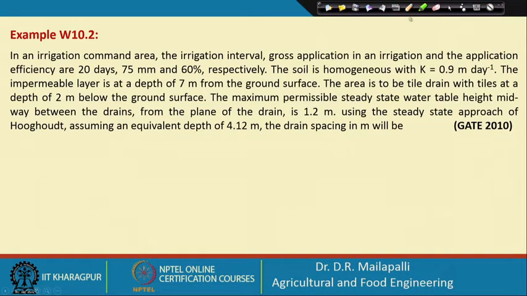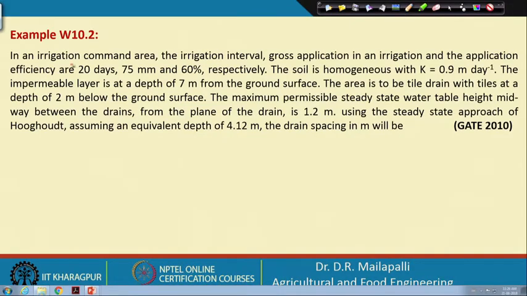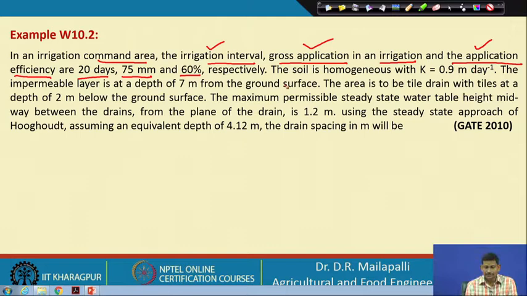Okay. So, the next problem here: in an irrigation command area, the irrigation interval, the gross application in an irrigation and the application efficiency are 20 days, that is the irrigation interval, 75 mm, that is the gross application, and 60% is the application efficiency. The soil is homogeneous and K is equal to 0.9 meter per day, that is the hydraulic conductivity.